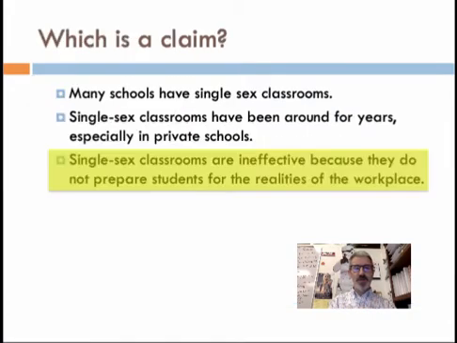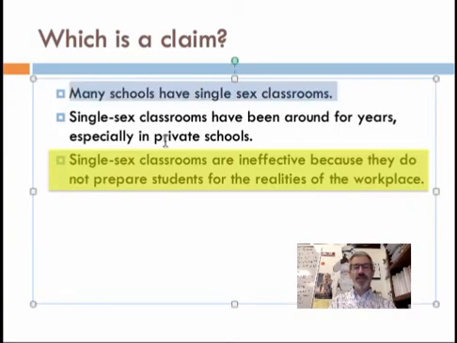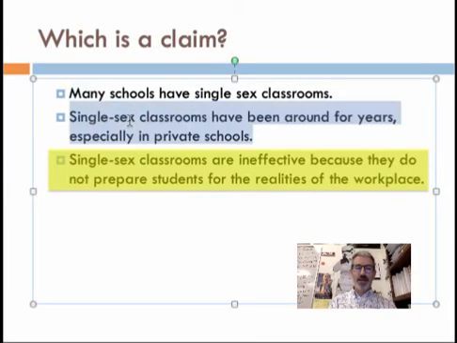Okay, so if you look at these things right here, and I've already got it highlighted here what the correct answer is, so that's probably not very good. But which one is a claim? Many schools have single-sex classrooms. This is something we could check to find out if that's the case, and so that's not so much a claim. Single-sex classrooms have been around for years, especially in private schools. We could check on that to see if that's truth, so that is not a claim.